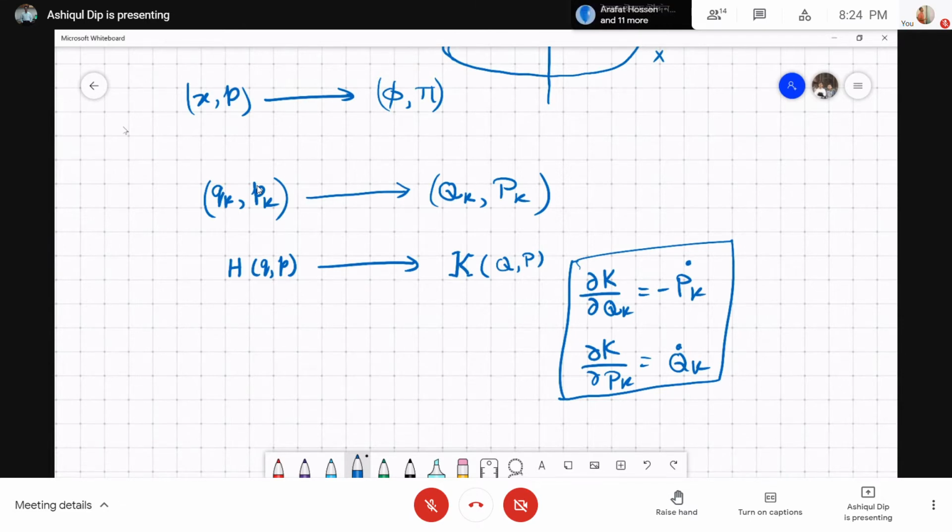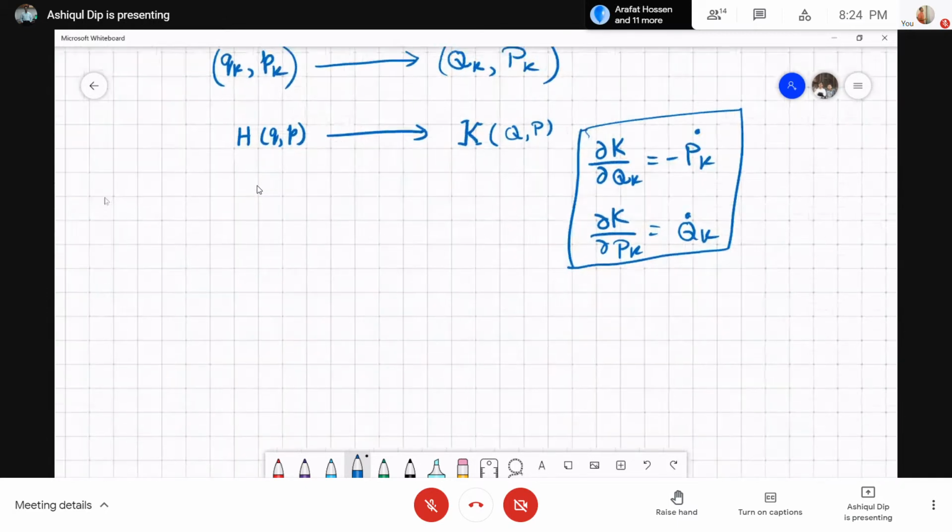It seems the definition of momentum is kind of twisted with the definition of coordinate itself. Even before starting with Hamiltonian, we had to find the Lagrangian, right? Lagrangian of Q, Q dot, and most possibly T. So the definition of pk is already twisted into the definition of coordinate itself, it seems.